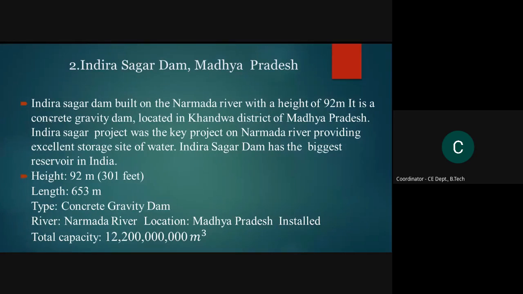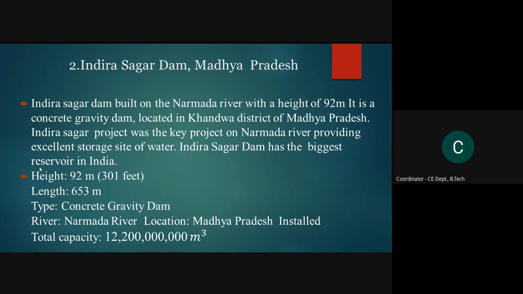It is a concrete gravity dam located in Khandwa district of Madhya Pradesh. The Indira Sagar project was the key project on the Narmada River, providing an excellent water storage site. Indira Sagar Dam has the biggest reservoir in India.